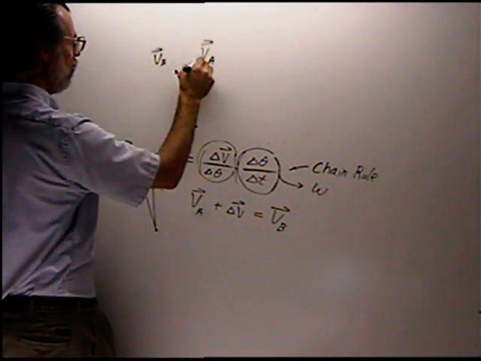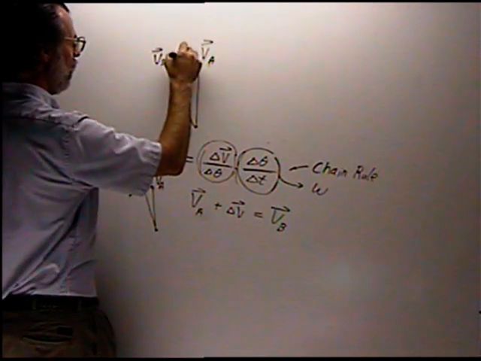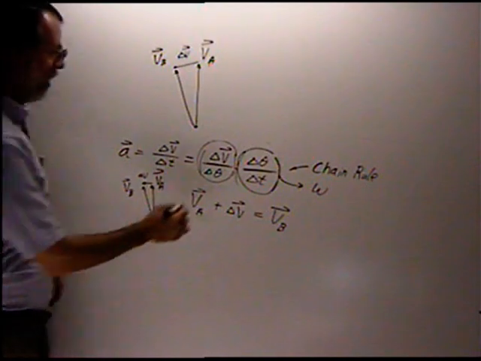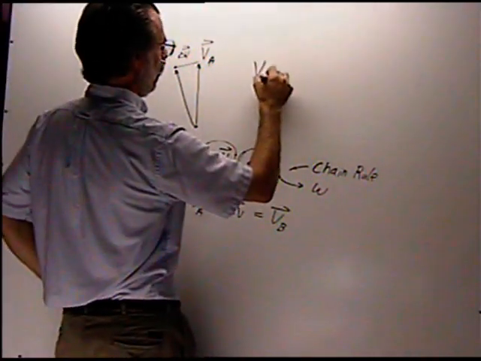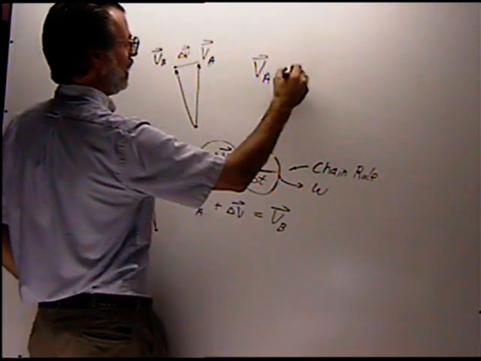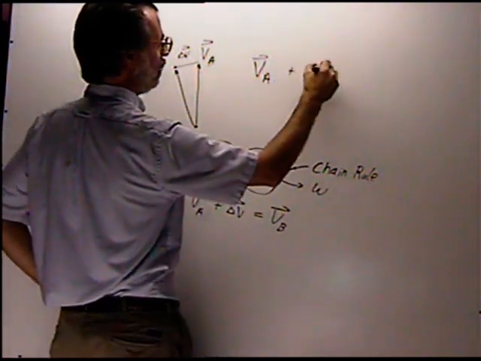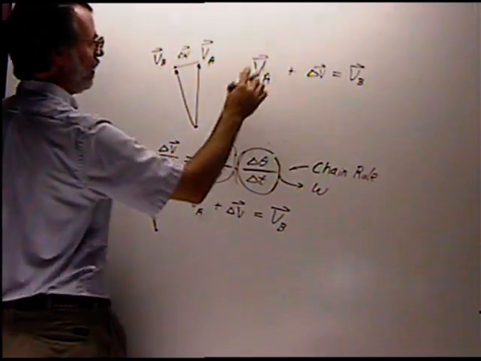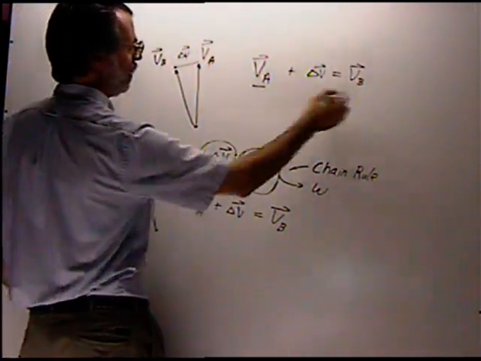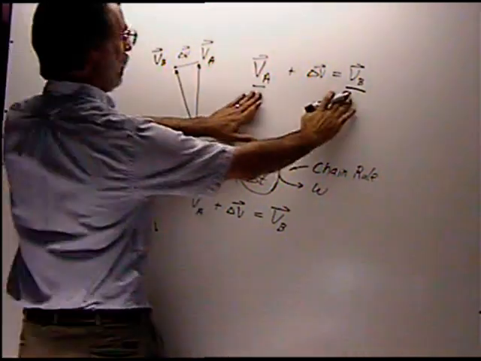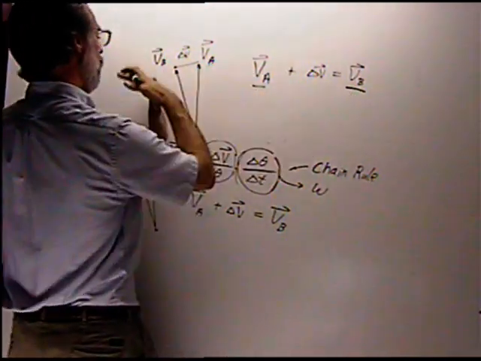So there must have been some kind of delta V term, where, from a vector point of view, VA plus some little delta V equals VB. Notice that the size of this is equal to the size of this, numerically, but the angle has changed.